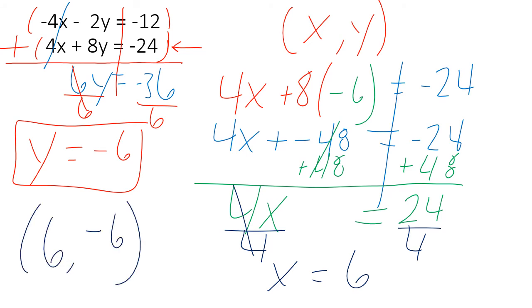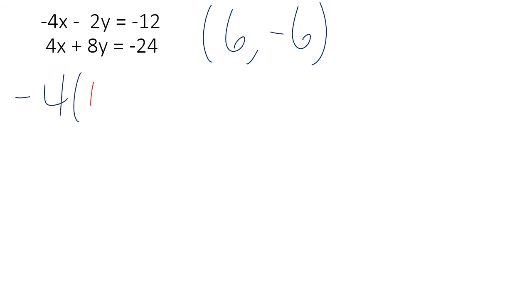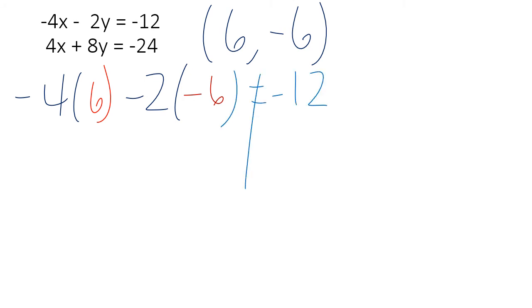So let's go ahead and just verify that that works. So again, our answer should be 6, negative 6. I'm going to go ahead and just plug that back in. So I have negative 4, and x is going to be 6, minus 2. Instead of y, I'm going to be putting negative 6 in there, and that's going to equal negative 12. Let's see if that checks out.